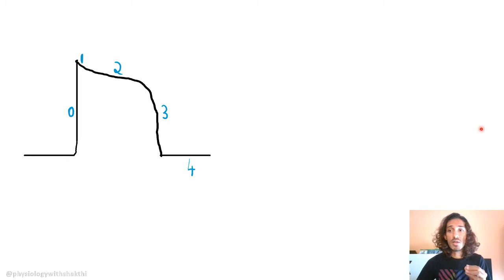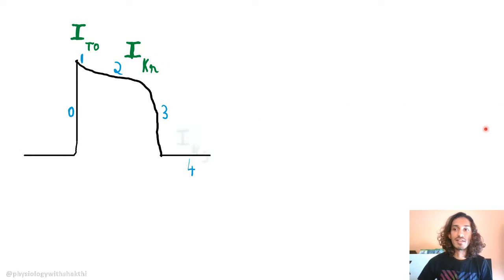So, when you talk about repolarization in general, potassium is involved. We're talking about hypokalemia, so potassium is involved in the repolarization in general in our body. The first part, the rapid repolarization, has a transient outward potassium channel. And then comes an inward rectifying potassium channel, and then a slow acting potassium channel.